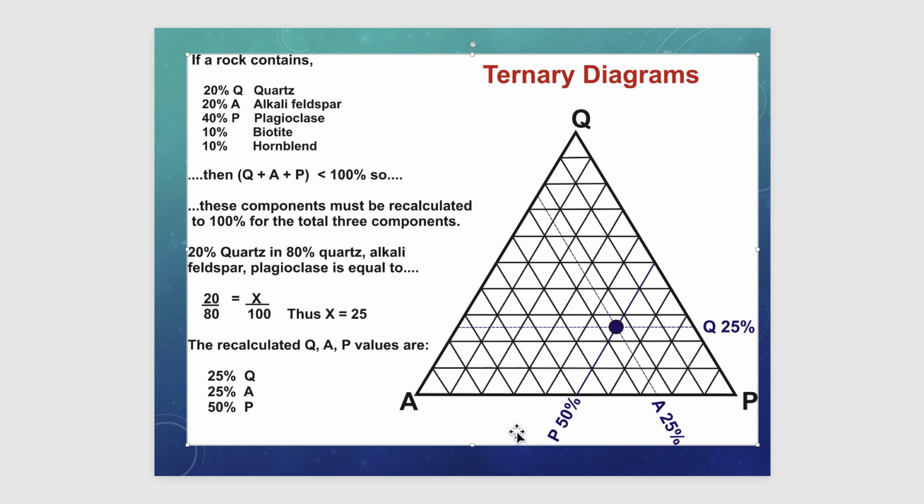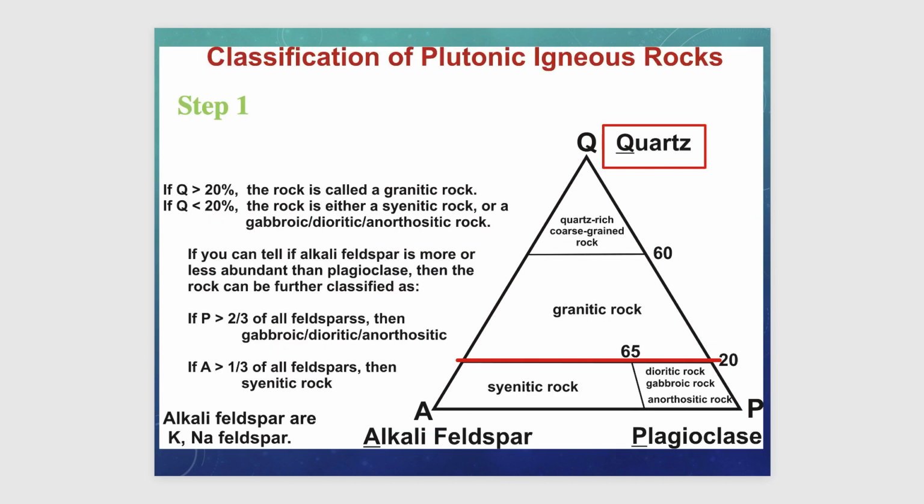So why am I going to do all of this? Essentially to reiterate the fact that if you find particular percentage ranges, let's say between 60 and 20, you will be in this domain of the ternary diagram, and so you can say that you have a granitic rock.